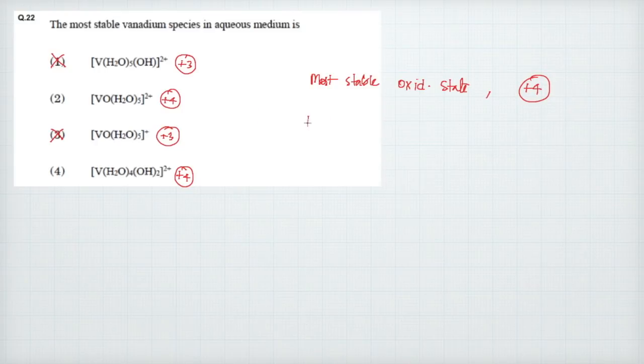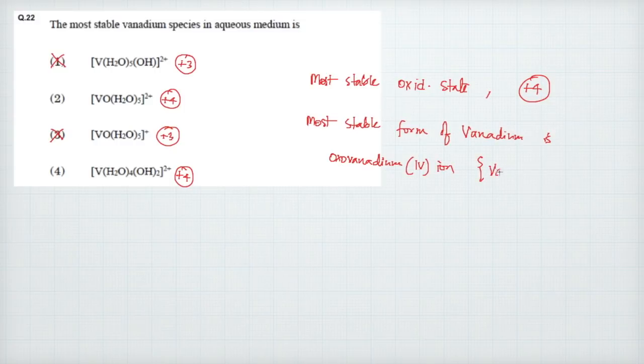The most stable form of vanadium is the oxovanadium(IV) ion, which is also called vanadyl. So the most stable form will be the oxovanadium ion in the +4 oxidation state. That means vanadium with oxygen.